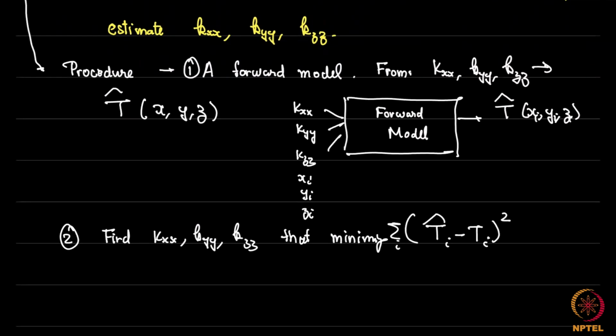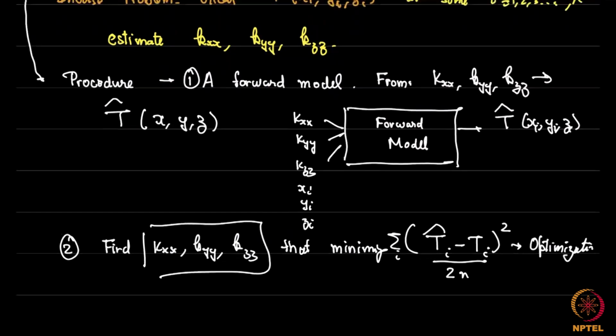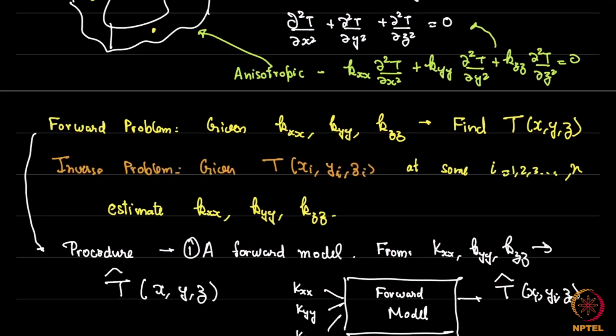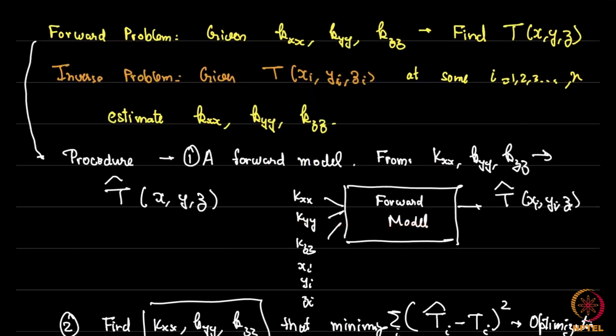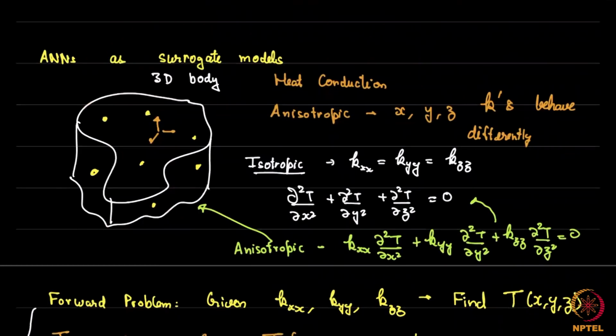Okay, so you find the least square loss, you can divide by 2 and the number of points that we had, etc. So we want to find this out, and this is obviously an optimization problem. Now, if you remember all the hand-based calculations that we did, this is where they become important. Each forward calculation takes some effort. Of course, we took linear examples or a simple A times 1 minus e power minus bt or some such example. But the forward model for this 3D case is extremely complex.